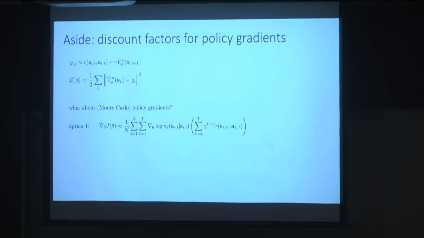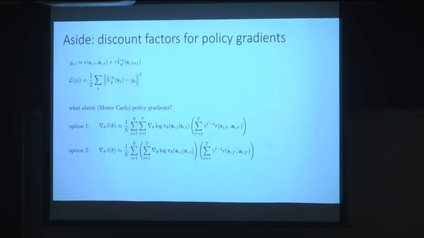So one thing you can do is take your grad log pi, and when you estimate your reward to go, you discount the reward to go by gamma to the power of t prime minus t. So the first reward gets a multiplier of gamma to the 0, which is 1. The second reward gets a multiplier of gamma. The third one gets a multiplier of gamma squared, and so on, which makes perfect sense. It says that rewards received sooner are worth more than rewards received later.